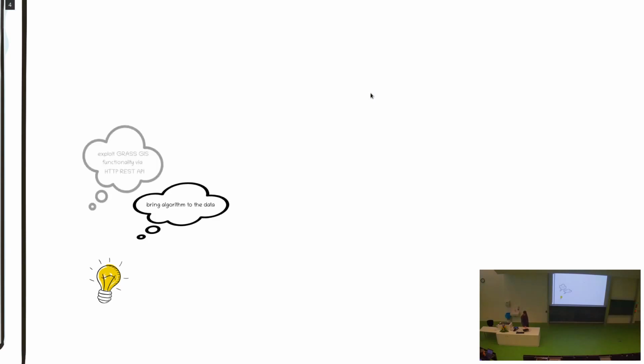And yeah, what is it all about? So some years ago, this idea of bringing algorithms to the data is nothing new, but we thought, why not exploiting the GRASS GIS functionality for that? As some of you at least have realized, GRASS GIS comes with a lot of stuff, which is probably relevant also to Sentinel data and others, but maybe not being ideal being used on a desktop.